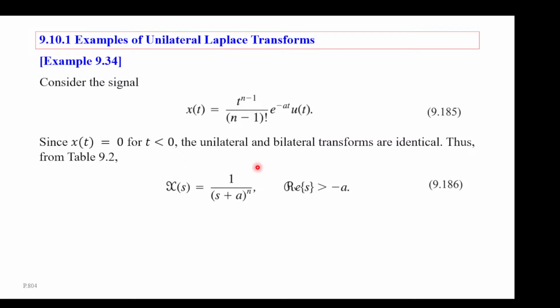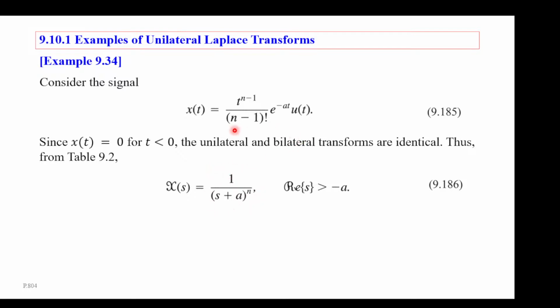So we have this unilateral Laplace transform, and we have seen this example of those functions. If x of t is t to some power times e to the minus a t times u of t, then its bilateral Laplace transform is 1 over s plus a to the nth power. Those are very useful for partial fraction expansion and for the inverse Laplace transform.